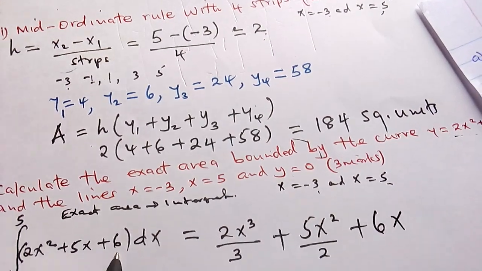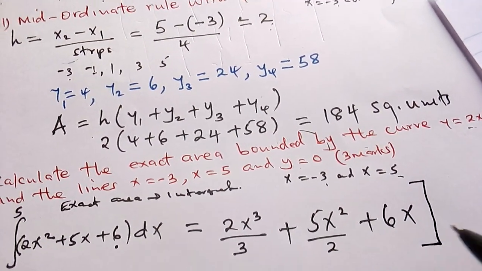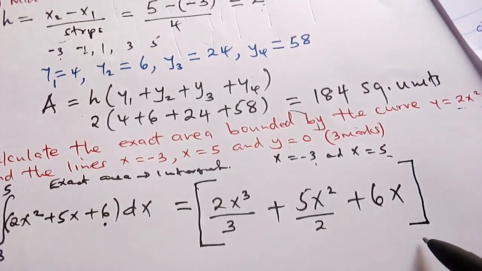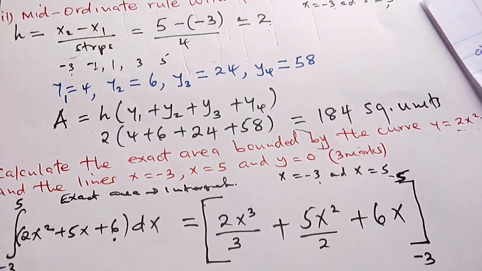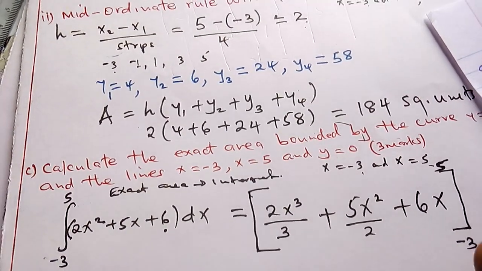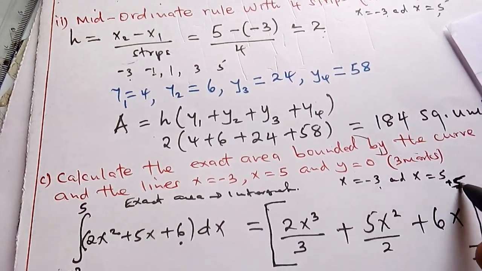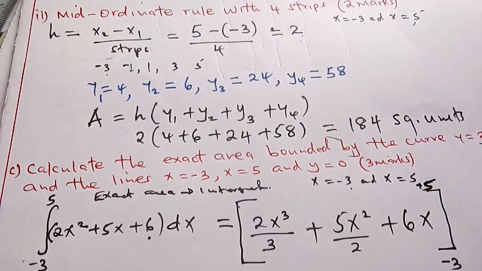If you integrate 6, you get 6x. Then you have such type of a bracket. Then the range is from -3 to 5.